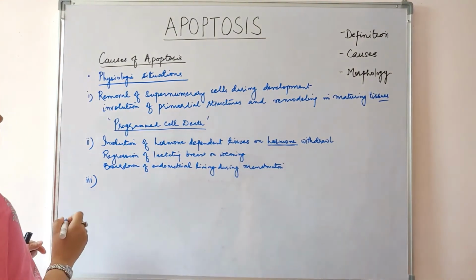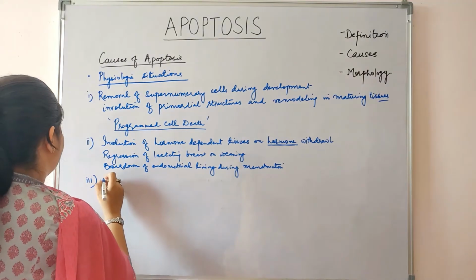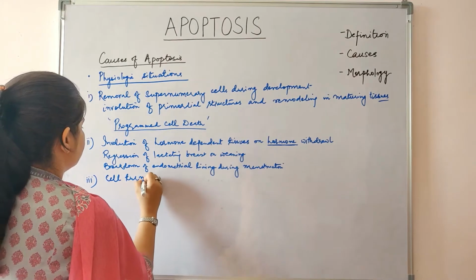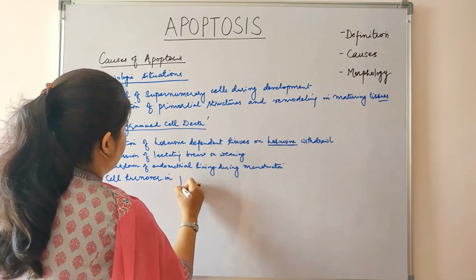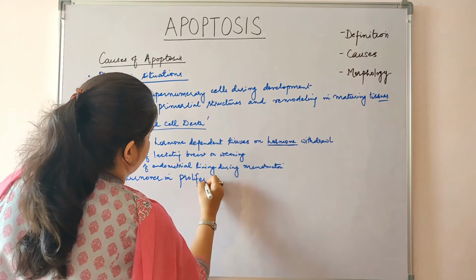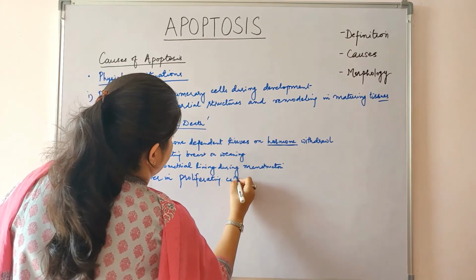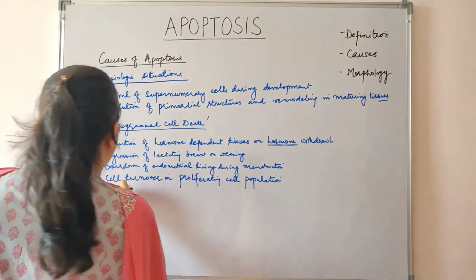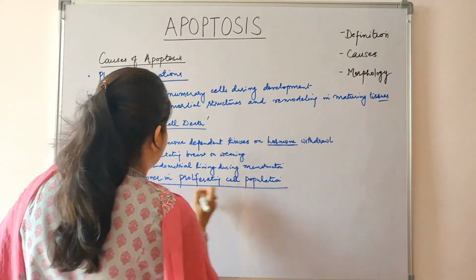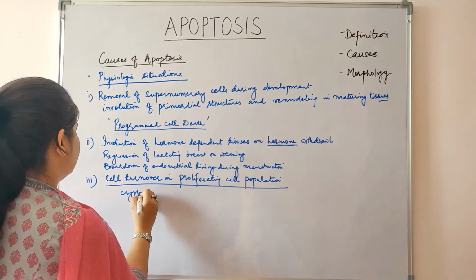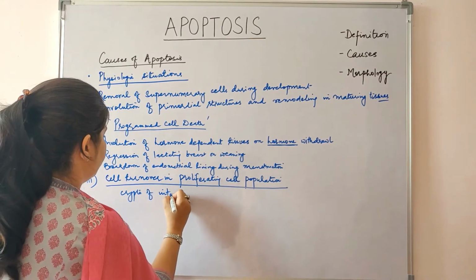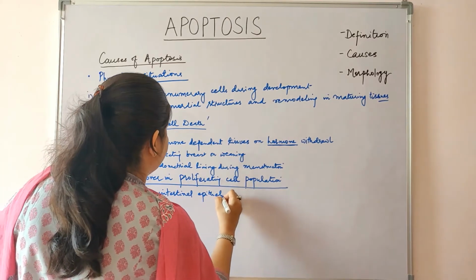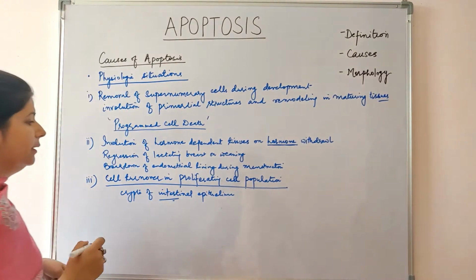Another example is cell turnover in proliferating cell populations. The cells that are actively dividing, for example, the crypts in the intestinal epithelium.